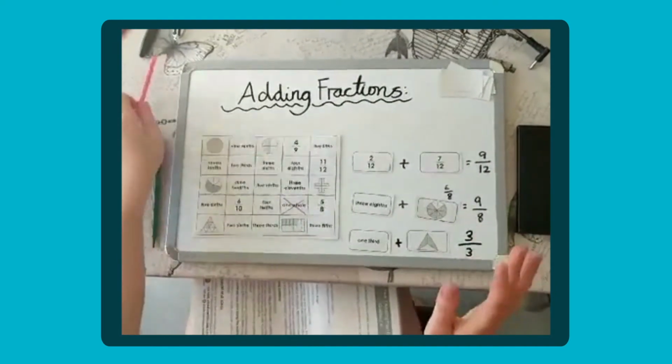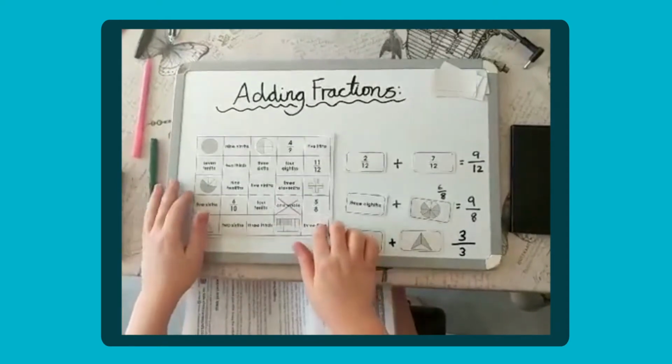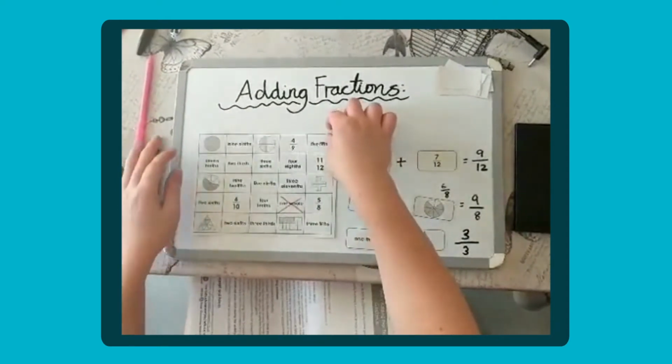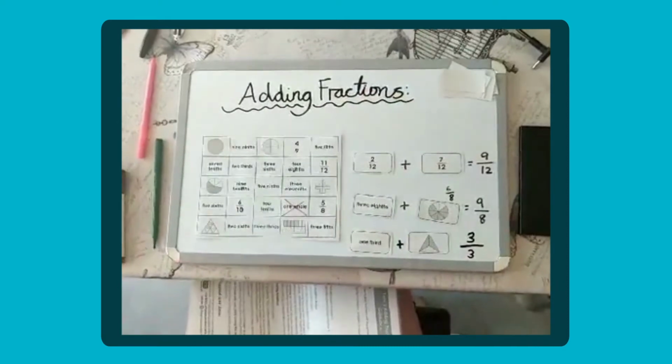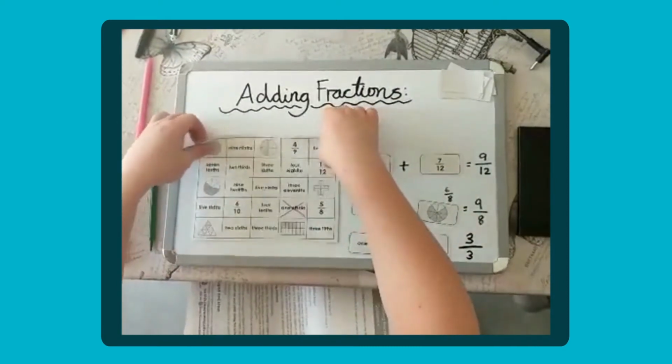I think you've got the idea of this game by now, so if you could bear with me, I am going to switch over to my second activity, which is also about adding fractions with the same denominator.